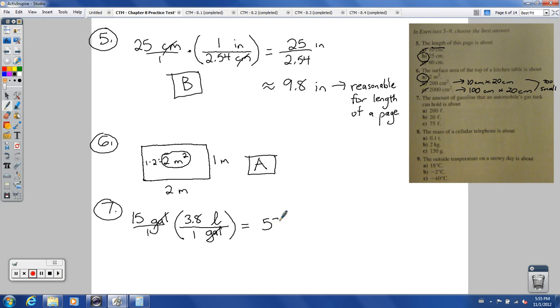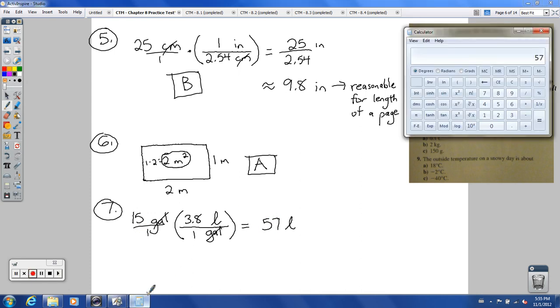57 liters. So it kind of depends. I would say 200 liters is going to be way bigger than the normal automobile. And then this is a little bigger here. Smaller cars usually hold about 12 gallons, but some larger vehicles would hold more like 20. So if we converted 20, what is 20 times 3.8?